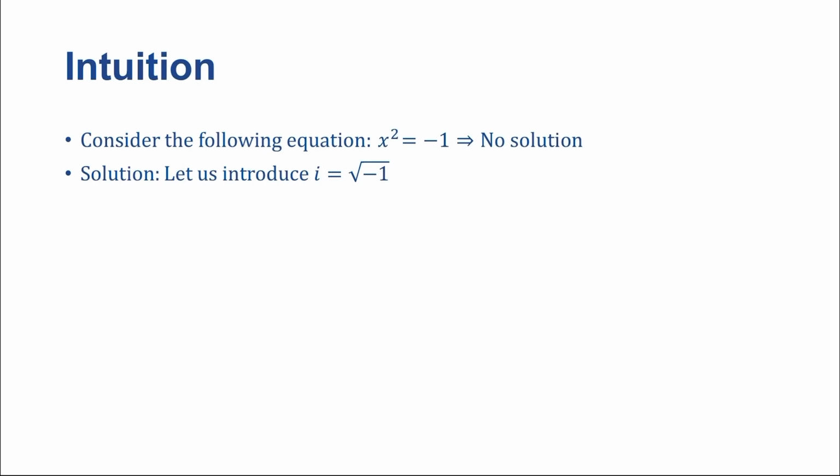I would like to start off with a problem that you've probably seen in your pre-calculus class. Consider the following equation: x squared equals -1. What this is really saying is, if I draw a graph of the parabola x squared, it's asking us, when is this parabola equal to -1?